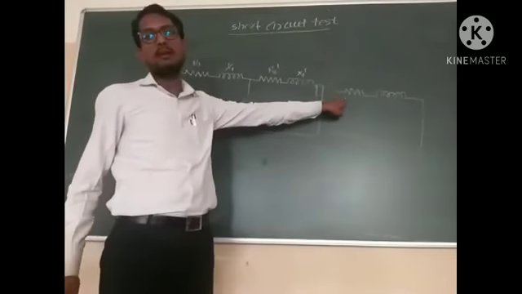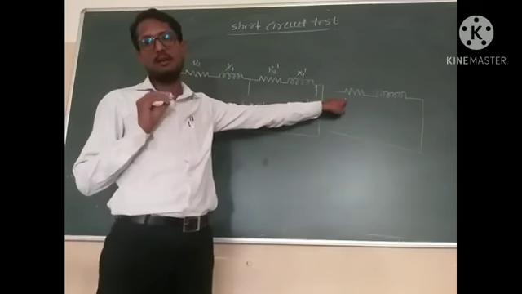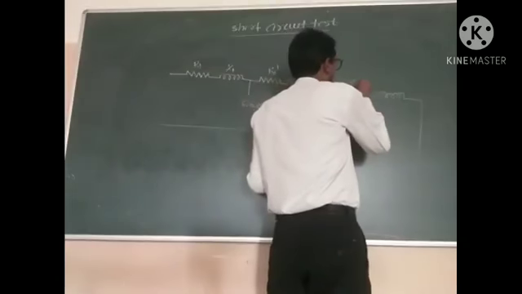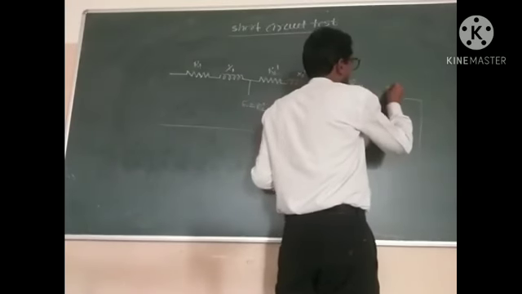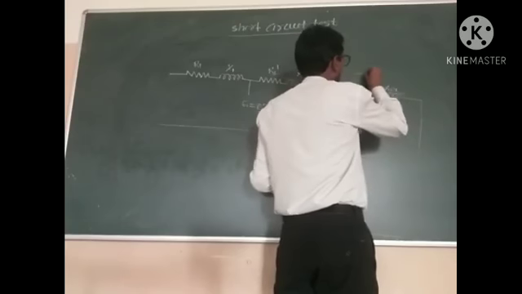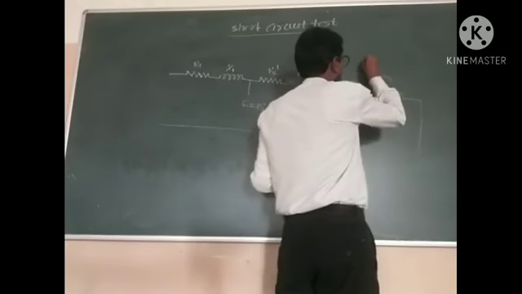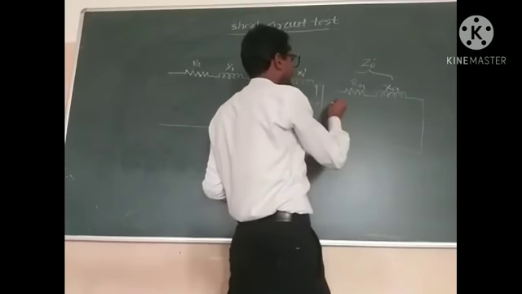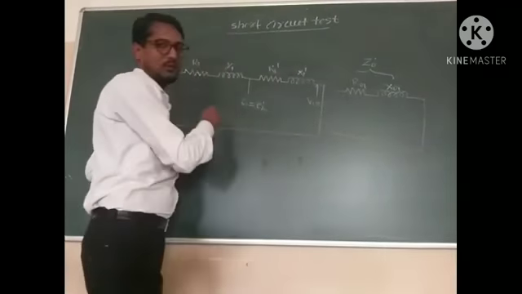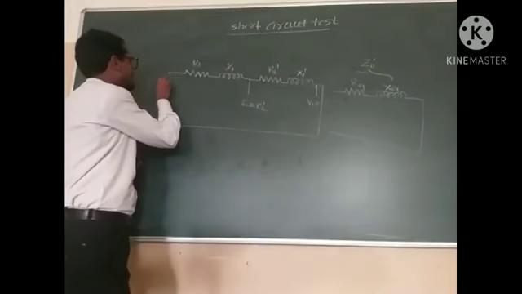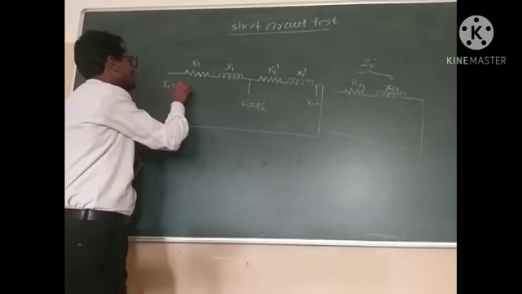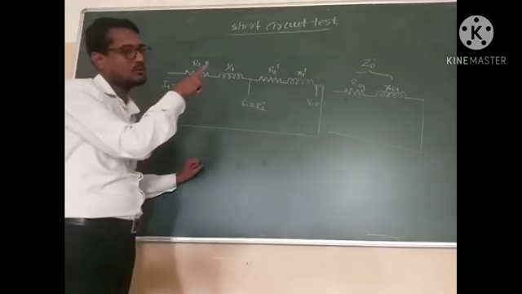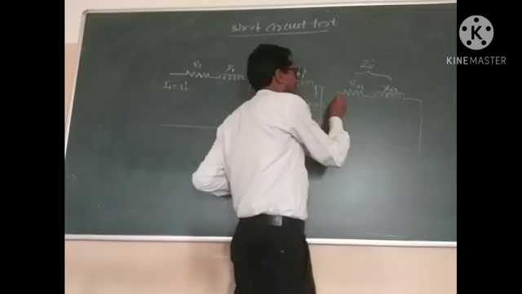Next, we have to show the impedance. This is R01 dash, this is X01, and the combination of R and X we call impedance. Here we have to show the current, which is I1 equals I2 dash.